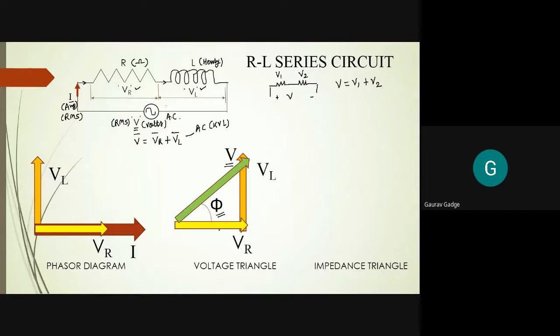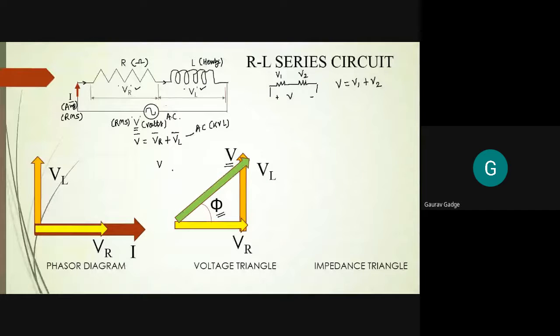So now what can we comment from that? If I consider that here the current is also the reference, what can we comment? Just check very carefully. Where is the voltage phasor coming? It is coming on this side.